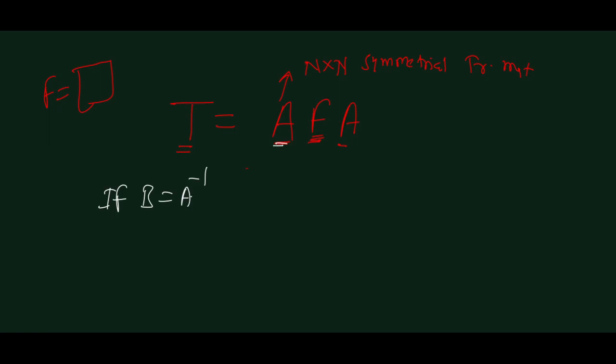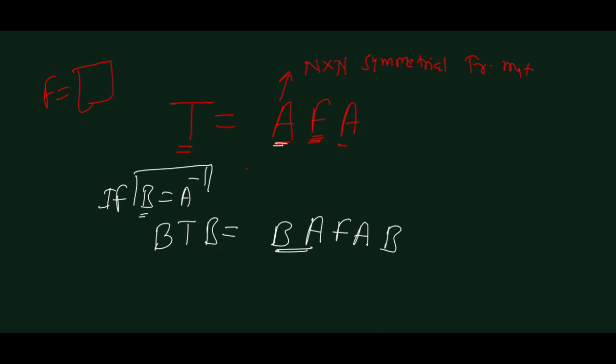A is with you, and if you calculate its inverse, you have B. Now I am multiplying both sides with B on the equation T equals A F A. Using this mathematical model, we can write B T B equals F.